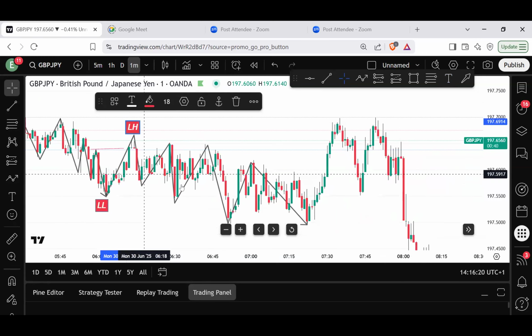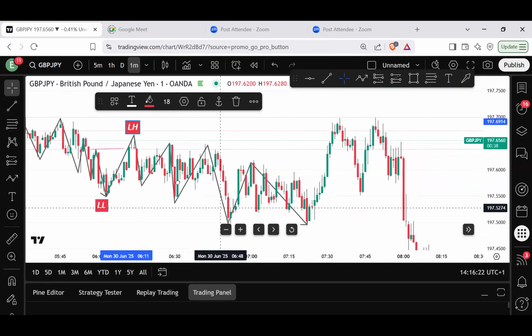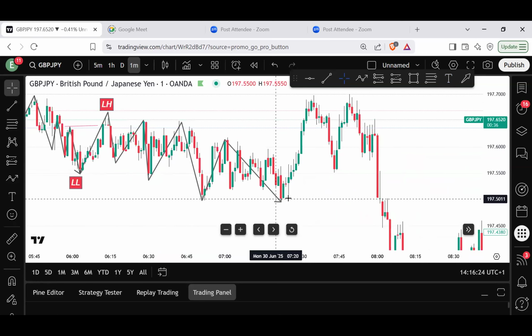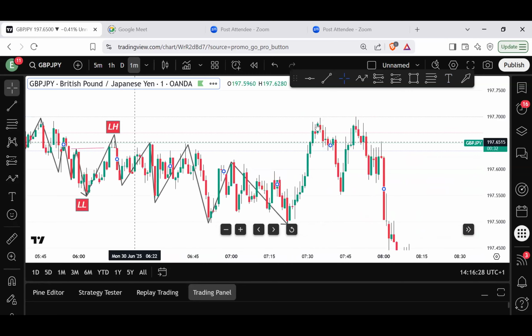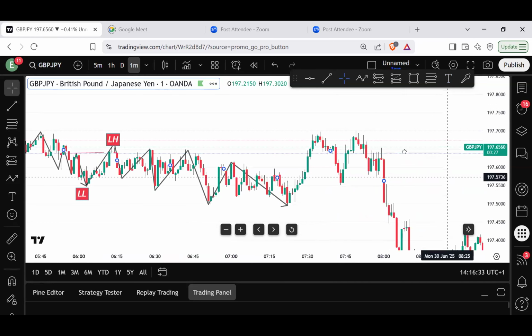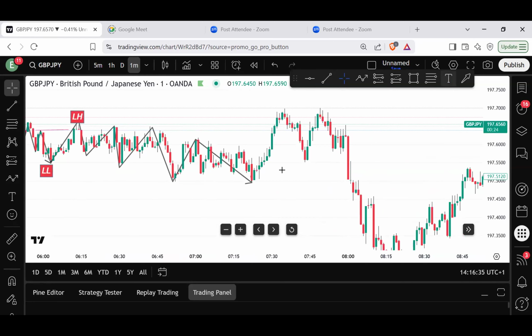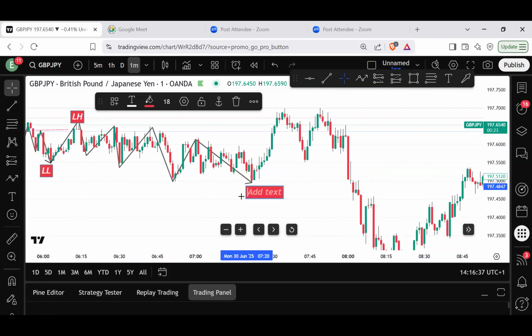Then another impulsive move started, then correction. You can see this went higher than this again. We'll talk about it later.